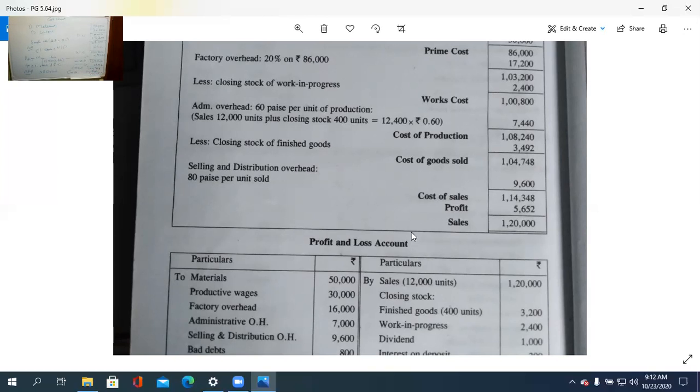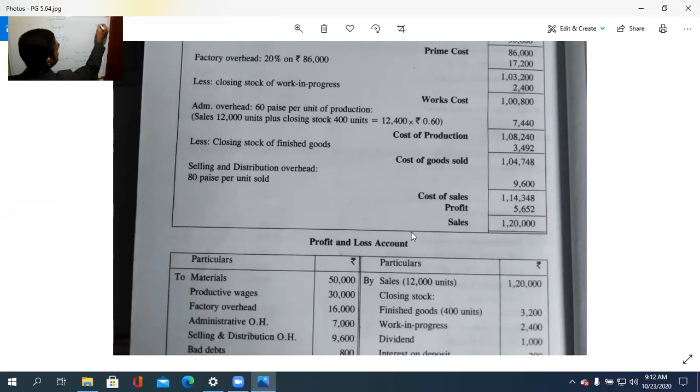114,348. And how much is the total sales? 1,20,000, isn't it? Sales is 1,20,000. So 1,20,000 minus 114,348. How much is the profit then? It is 5,652.